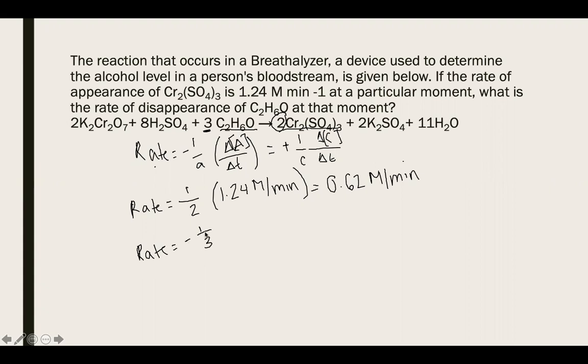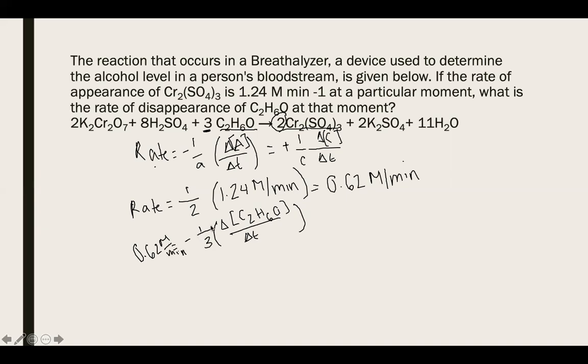So -1 over 3 times the rate of delta C2H6O over delta T. Now, our rate that we can plug in here is the rate that we just solved for using the other equation, using our appearance of Cr2(SO4)3. And so we have our overall rate of our reaction to be 0.62 molarity per minute.